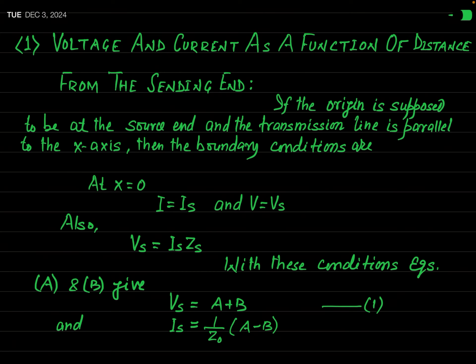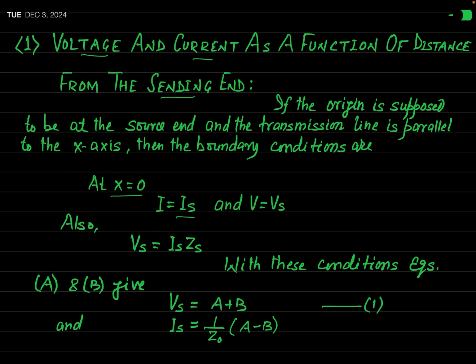First of all, we are going to find the values of A and B, or we are going to relate the voltage and the current to the distance measured from the sending end. In this case, what will be the boundary condition, and by applying that boundary condition, how can we find the proper values of A and B? If you are talking about the sending end, as I have told you, you have to take x equal to 0 at the sending end, and in that condition our current will be equal to Is.